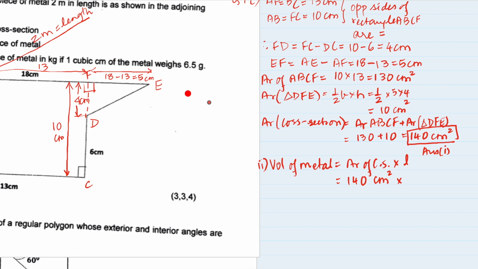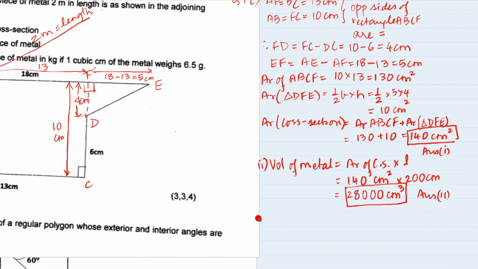Can you see here? It is 2 meters, means 200 centimeter. So 14 into 2 is 28 and 3 zeros here. So 28,000 centimeter cube. This is your answer 2.